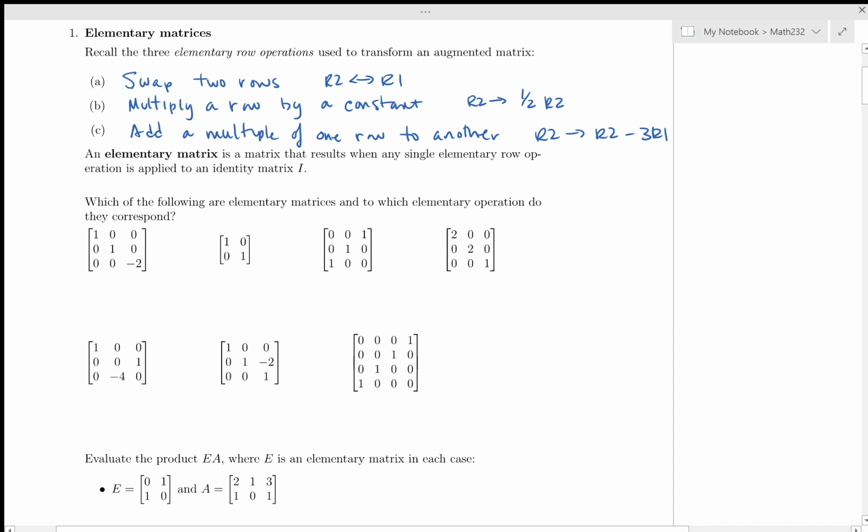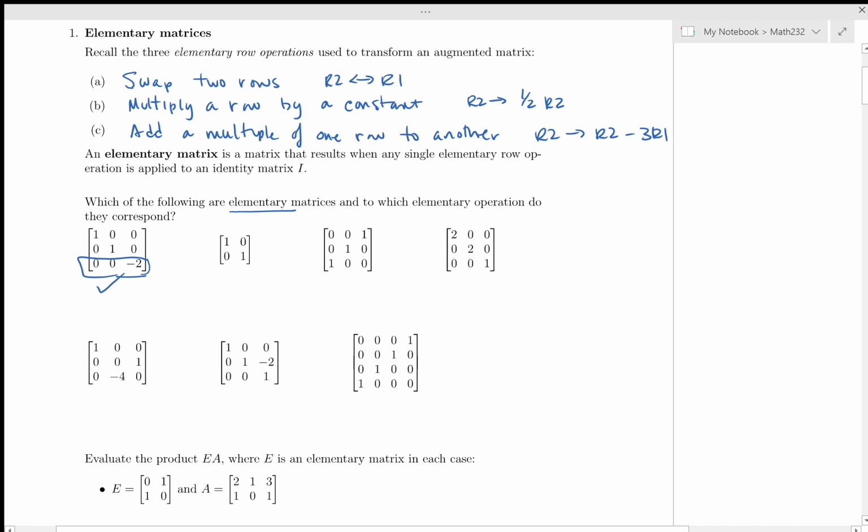And then what we're going to see is when we multiply by one of these elementary matrices, it affects the row operation. Here, this one is an elementary matrix. Tick, it is. Why? Because we have basically an identity matrix with the exception of this entry here, and that is row 3 multiplied by minus 2.